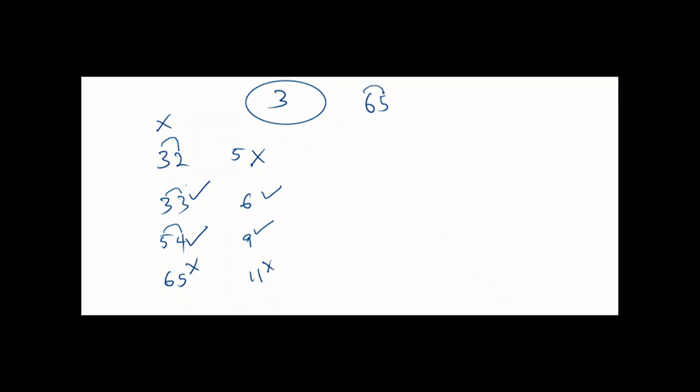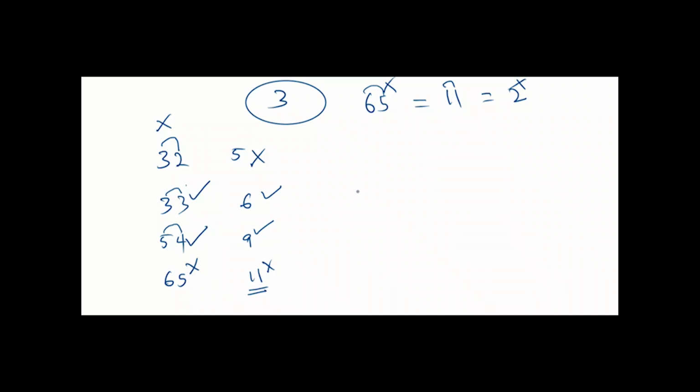Add 6 to 5, that will be 11. Since you have two digits here, you can continue the addition. You can say 1 add 1, that is 2. Is 2 divisible by 3? No. So that means 65 is not divisible by 3. So you can go beyond this 11. That is the fact I want to establish.